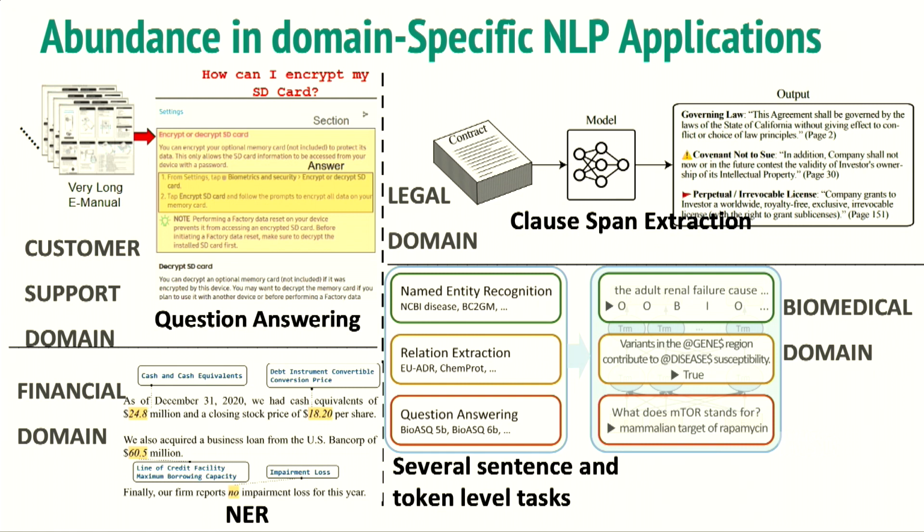That's what you are trying to find out from the legal domain. Or if you take the biomedical domain, there are several tasks like named entity recognition. You want to find relation extraction, that is, which cause effects, which medicine is having which cause. All this you want to find from biomedical literature, or question answering, etc.